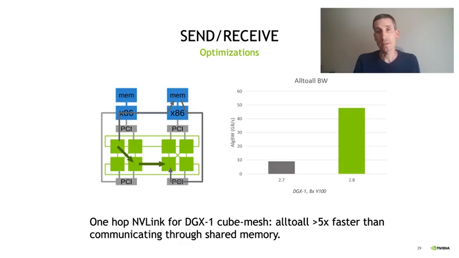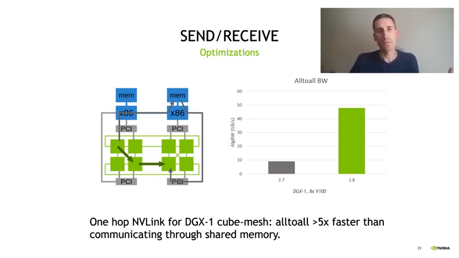And the alternative to that is to actually use NVLink all the way. And it's actually not very hard. We just need to find a GPU that's between a pair of GPUs which are not connected directly through NVLink, and put the intermediate memory there on that intermediate GPU so that the sender can write directly to that memory and the receiver can read directly from that memory.